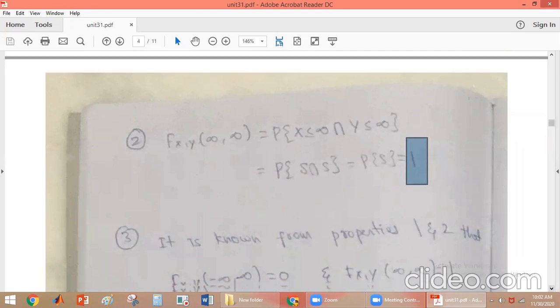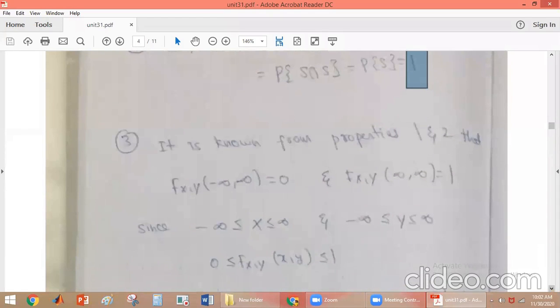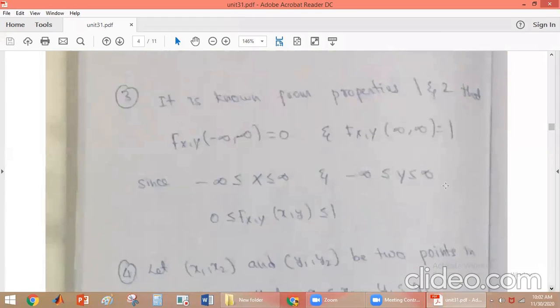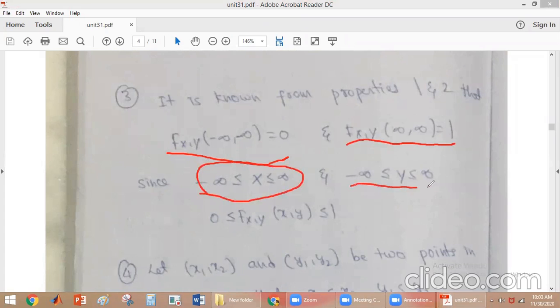Okay. So from the first and second properties, we know that Fxy of minus infinity comma minus infinity is 0, from our first property. Fxy of infinity comma infinity is 1. And we know that the x value varies from minus infinity to plus infinity, and the y value also varies from minus infinity to plus infinity.